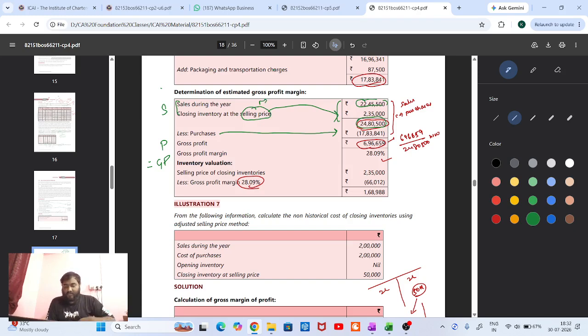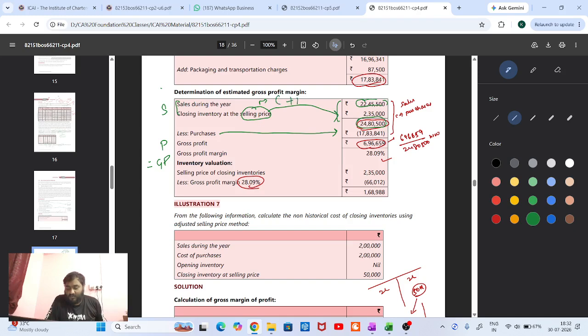What do you mean by profit margin? Closing inventory is valued at cost or net realizable value, not at selling price. We should calculate the value at cost. Basically, what is selling price?